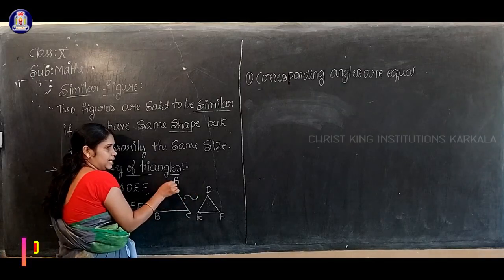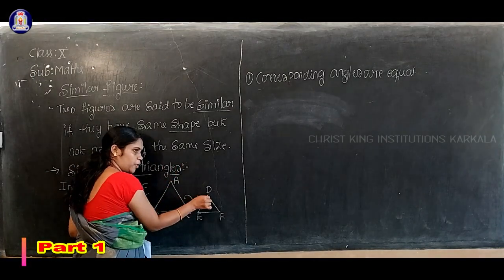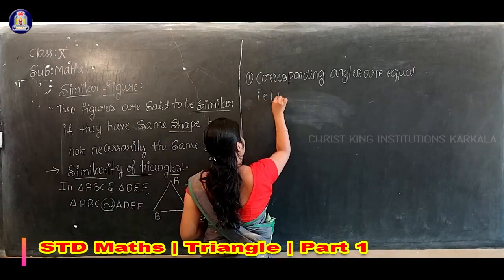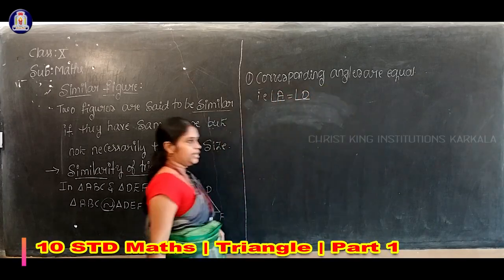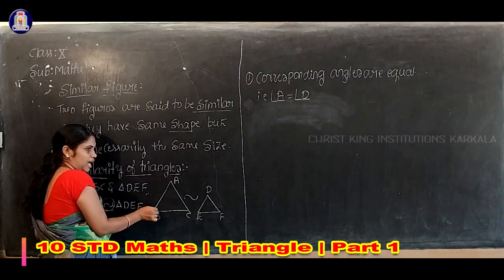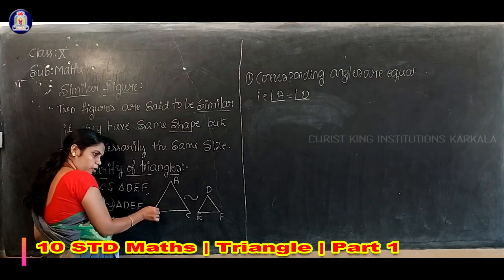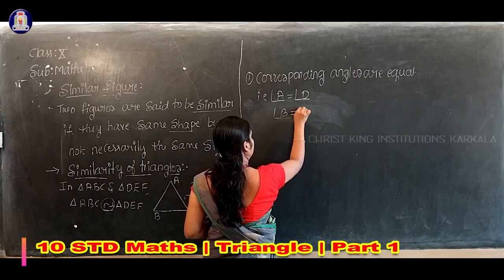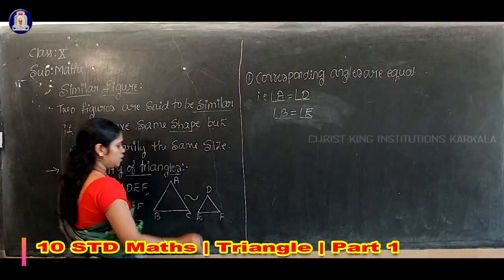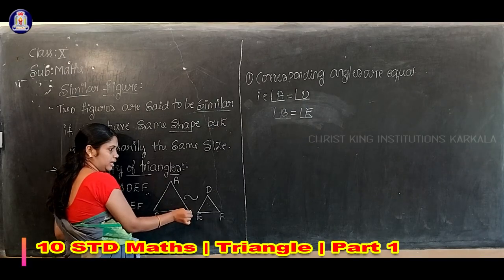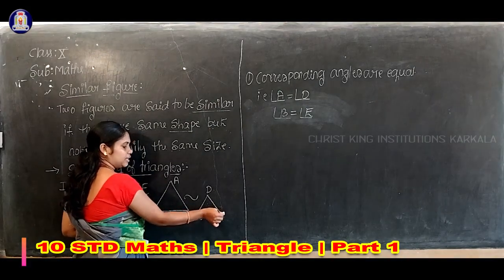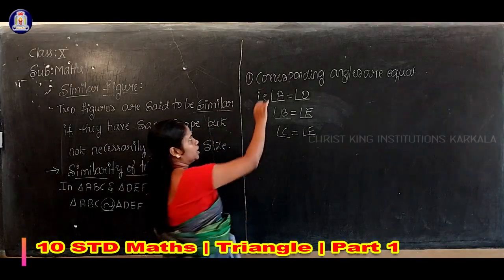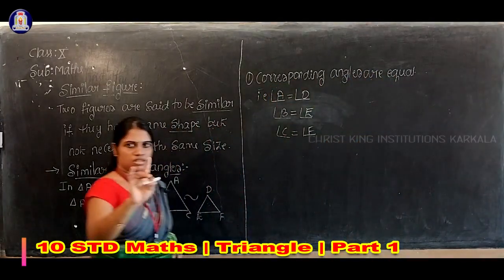First consider angle A. Its corresponding angle is angle D, so angle A equals angle D. For angle B, the corresponding angle is angle E, so angle B equals angle E. For angle C, the corresponding angle is angle F, so angle C equals angle F. Therefore corresponding angles are equal. This is the first condition.